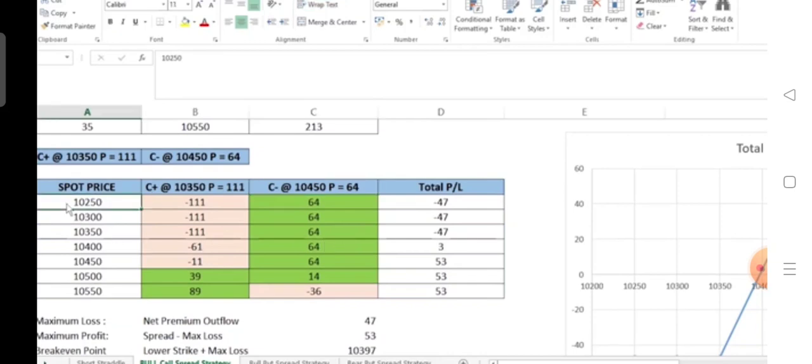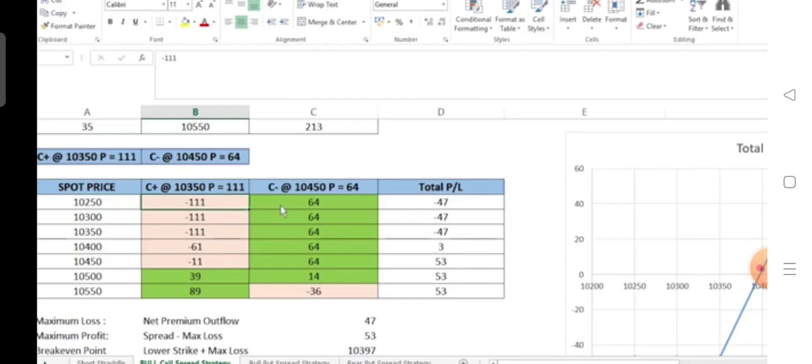As we can see here, at 10,250, if the spot price is there on expiry, the call option of 10,350 lapses since the spot price is lower than the strike price. Remember, if S is less than E, the call will lapse. Hence, we have a total premium loss of 111 rupees.